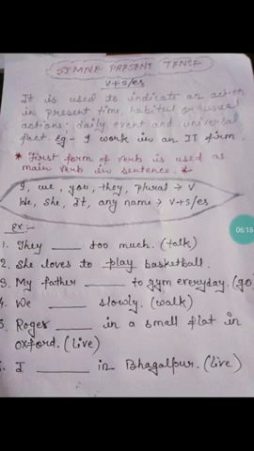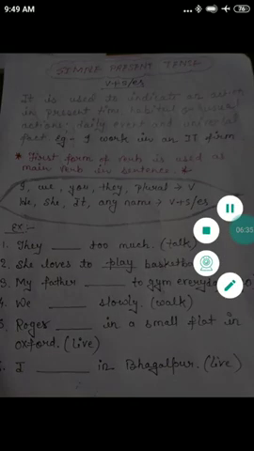But there are some exceptions also. Don't look for exceptions right now, because it's a starting time when you are starting to know about simple present tense. Some exceptions you will come to know in the next class also. So today we'll discuss some of the easiest ways to know about this.